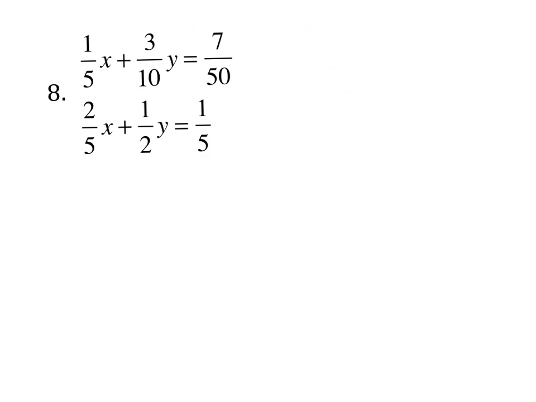In problem number 8, we have a system of equations with a bunch of fractions. So it would be easiest to first multiply by the common denominator to eliminate the fractions and then go from there. So I'm going to multiply the top equation by 50 each term.